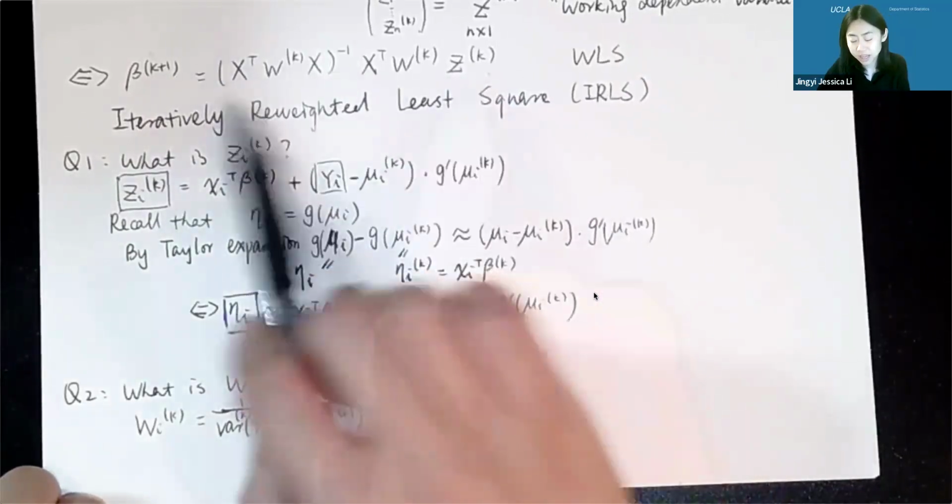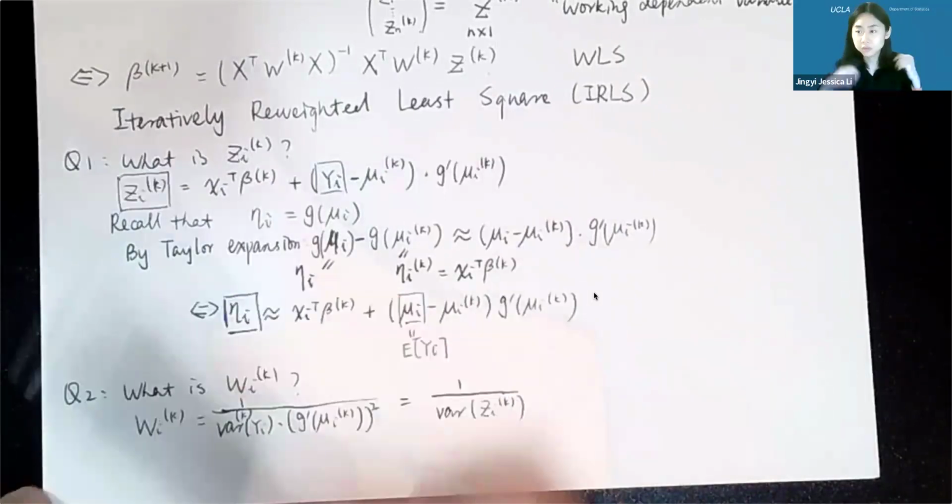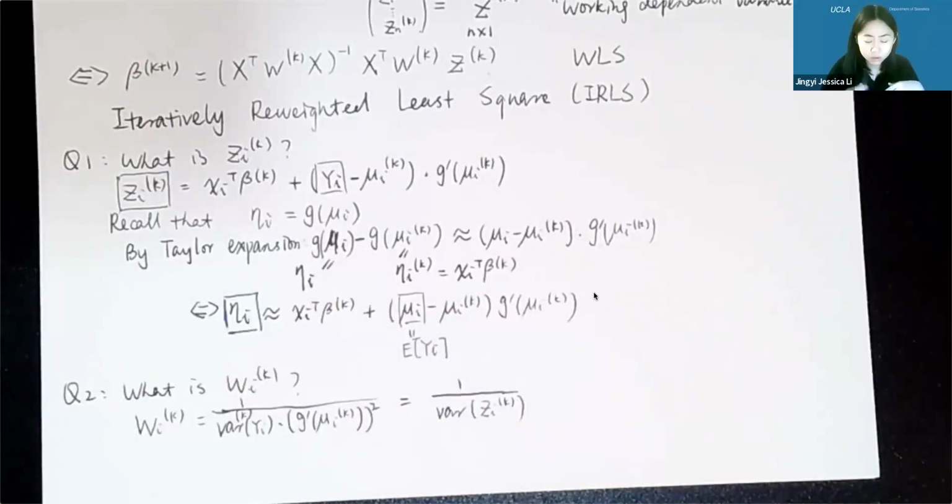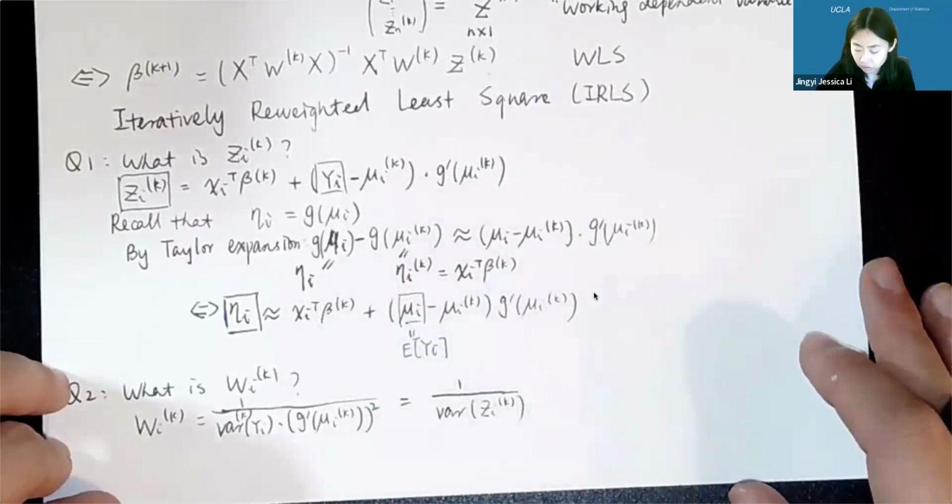Then together, we get the next value. In the following, I will give you a detailed description of the iteration: in each iteration, how do we update parameters and how do we get to the next value? If there are no more questions, let's continue.